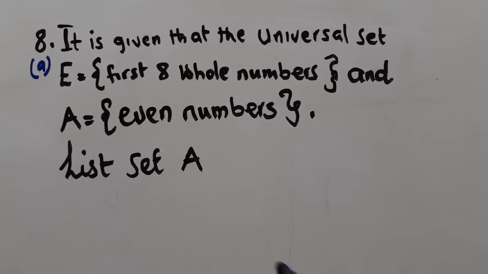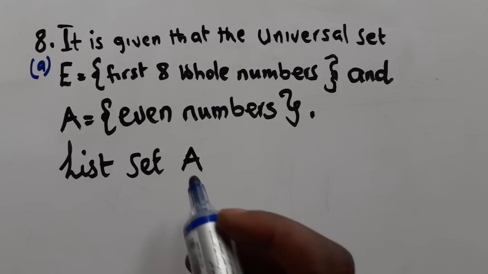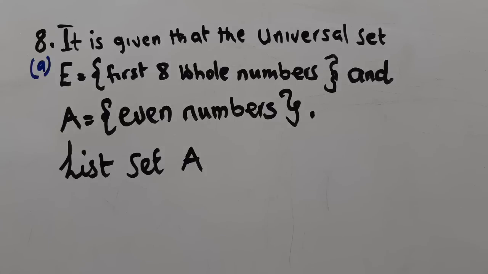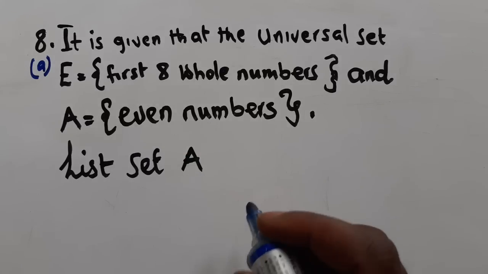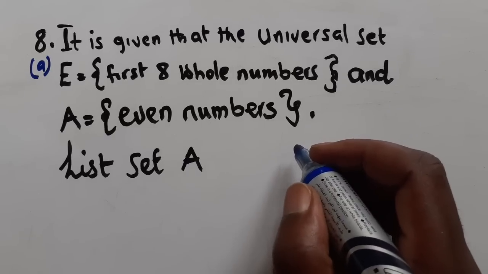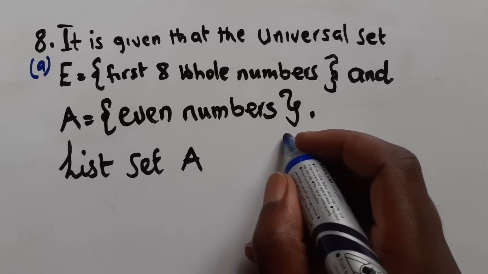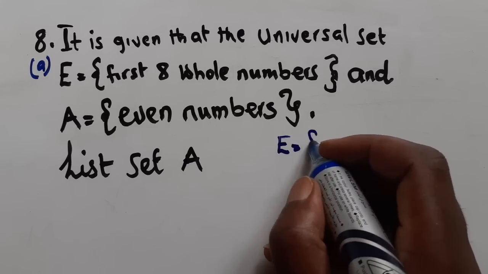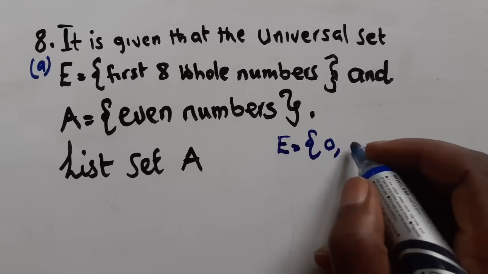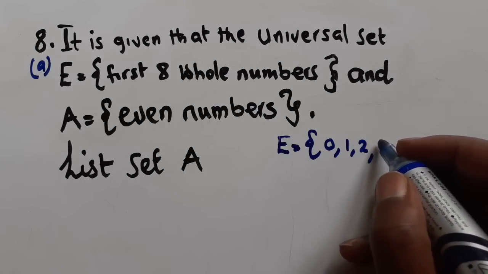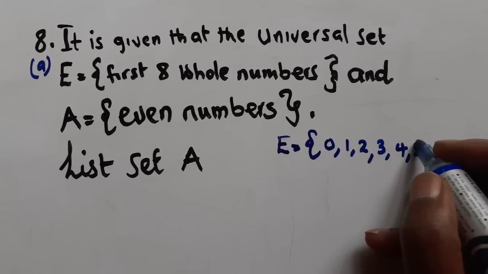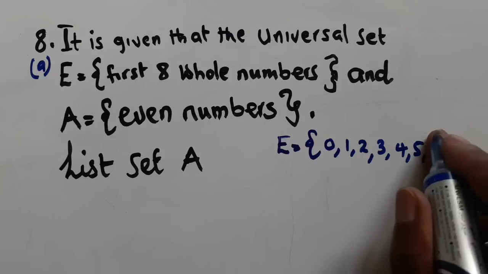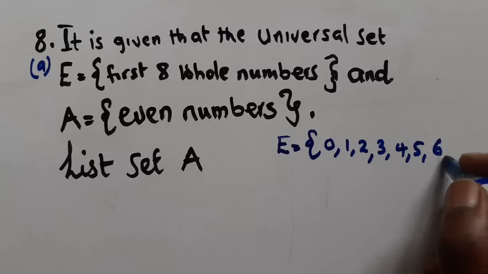What are whole numbers? Please, you can pause, Google, find the answers. And then the even numbers. We need to know what whole numbers are and what an even number is. The first 8 whole numbers are 0, 1, 2, 3, 4, 5, 6, and 7.